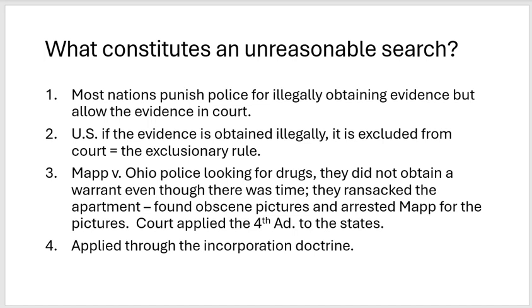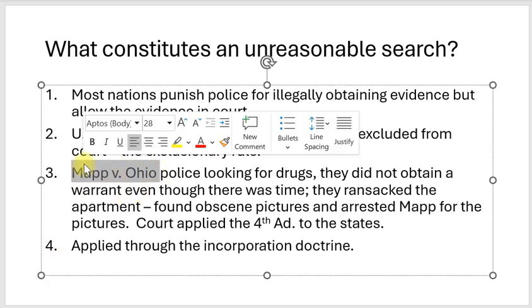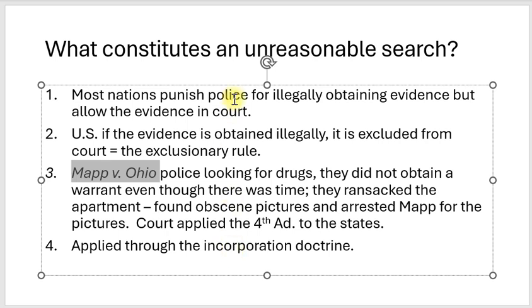Most nations, when an unreasonable search takes place, punish the police who have illegally obtained the evidence. But, and this is a big but, they allow that evidence in court. The U.S. decided, in the case of Mapp versus Ohio, that they weren't going to do that. This is when, in that whole process of incorporation, the Fourth Amendment right against unreasonable searches and seizures was imposed upon the states because of the 14th Amendment's due process clause.